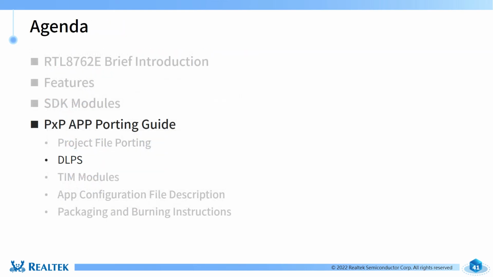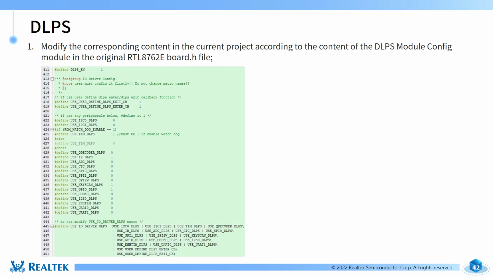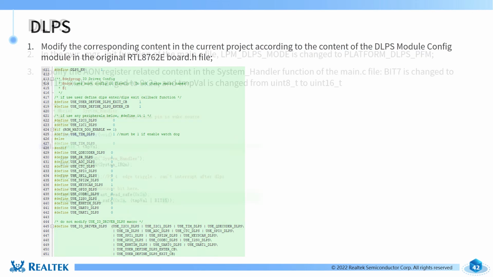The following is the configuration method of DLPS mode. DLPS has 3 configuration steps. The first one is modifying the corresponding content in the current project according to the content of the DLPS module config module in the original RTL8762E port.h file.